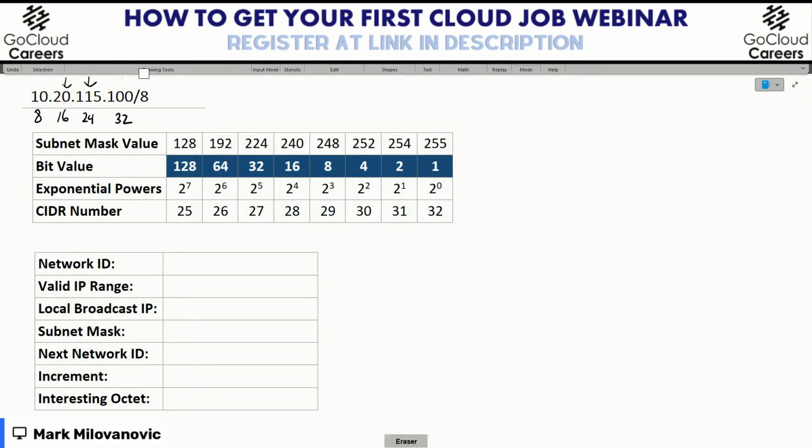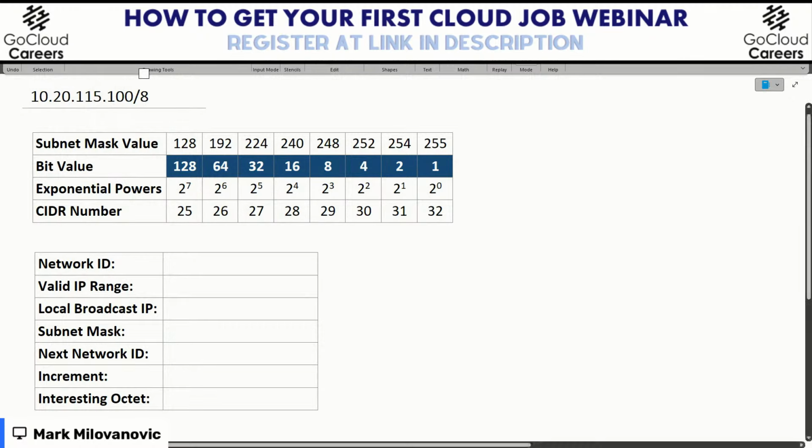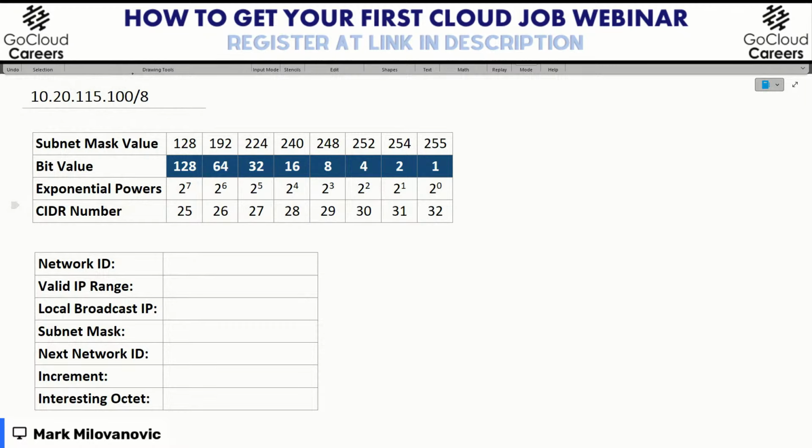What this 8 denotes is that our subnet mask, or prefix length, is 8 bits long. So how would we write that? If you remember, a subnet mask is written from left to right and is made up of consecutive ones. So if I have 8 ones, it will look like this: 1, 2, 3, 4, 5, 6, 7, 8.